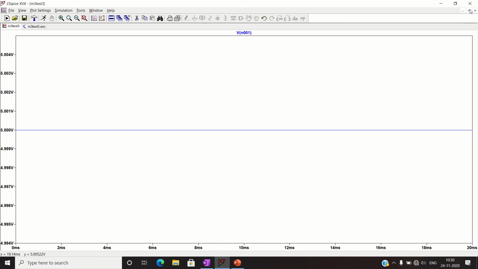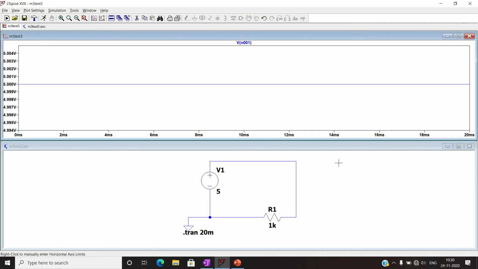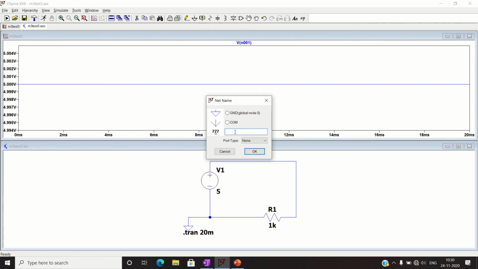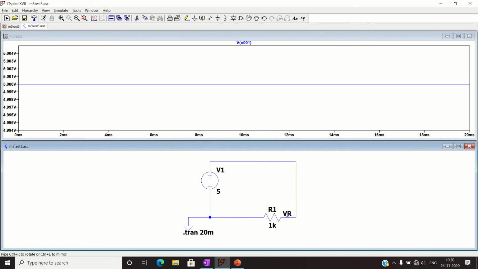Sometimes you can change the name if you want. So I will change the name of this node. I will take this label node and write here VR.